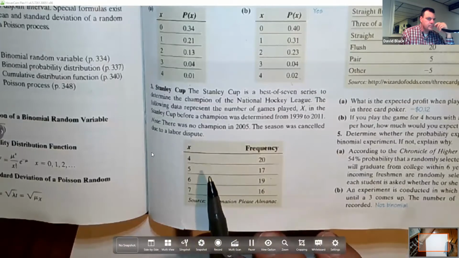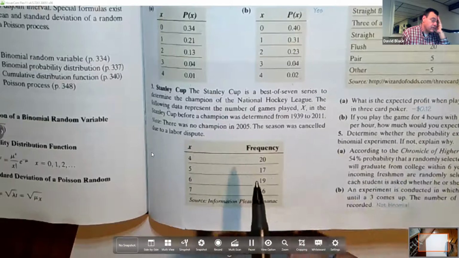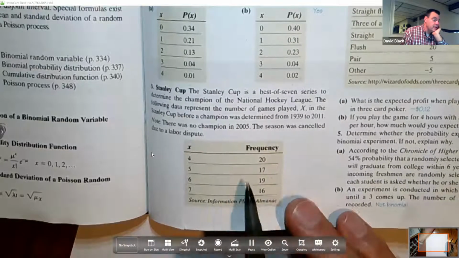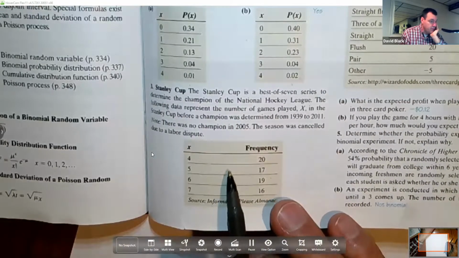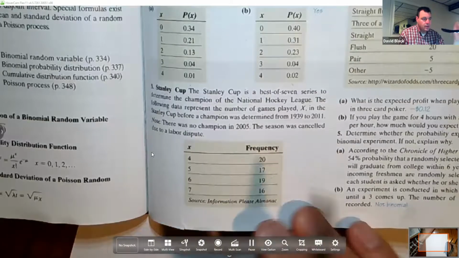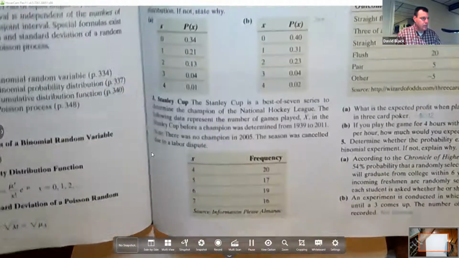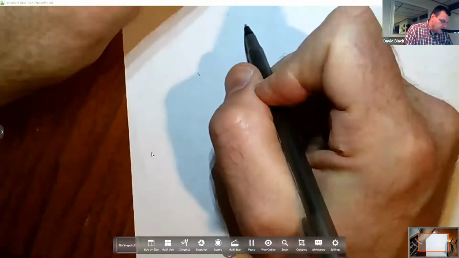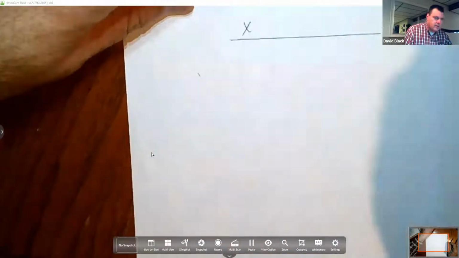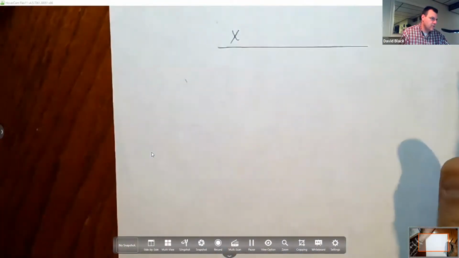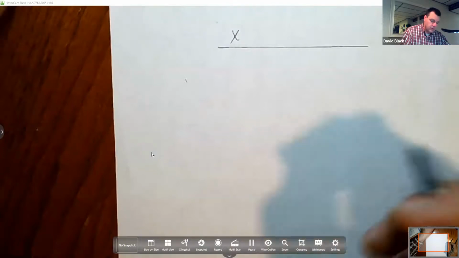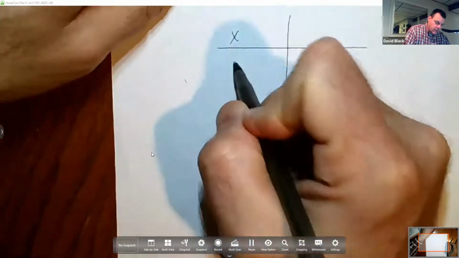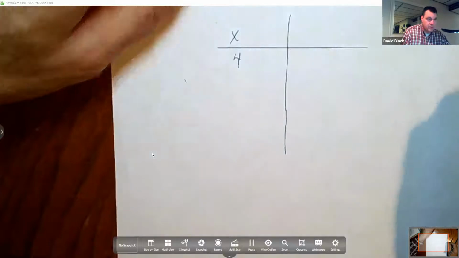So we're supposed to create a frequency distribution. Now, if this was your test, I probably would have already given you the frequency distribution, but let's go ahead and create it here on this problem. X is the number of games played. This makes sense if you think about it. It's a best of 7 series, so it's the first team to win 4. If one team wins all of the first 4 games, then the series is over, right?